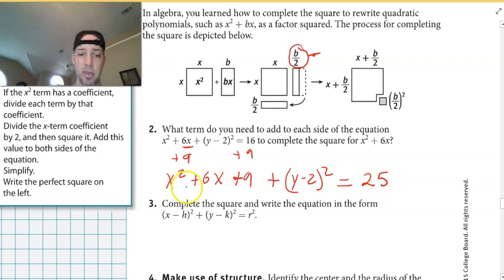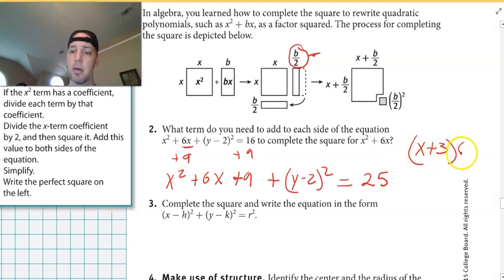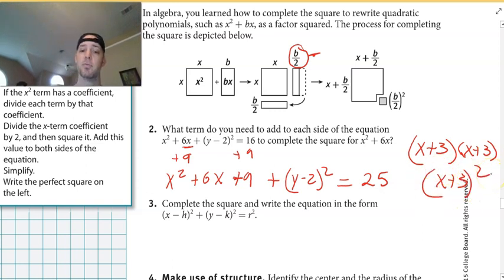And now if I find the factors of this, I get x plus 3 and x plus 3, or x plus 3 squared. So now it would end up looking like the standard form for the equation of a circle, because if I get the same two factors, I can write that as x plus 3 squared.